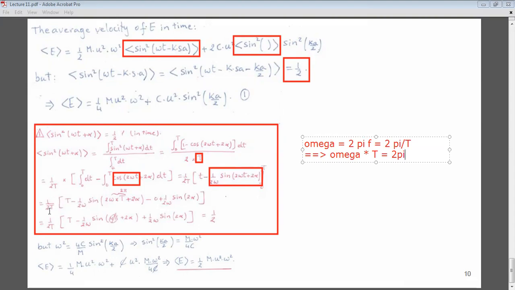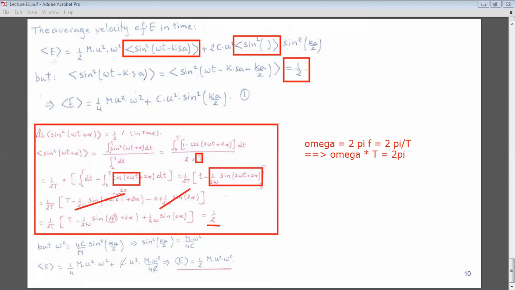So I have now 1 over 2t times t, minus 1 over 2 omega sine 2 alpha, minus 0, plus 1 over 2 omega sine 2 alpha. Now, how much is this? These will cancel each other, because this is minus 1 over 2 omega sine 2 alpha, and this is 1 over 2 omega sine 2 alpha. I will be left with 1 over 2t times t, which is nothing but half. So it is equal to half.